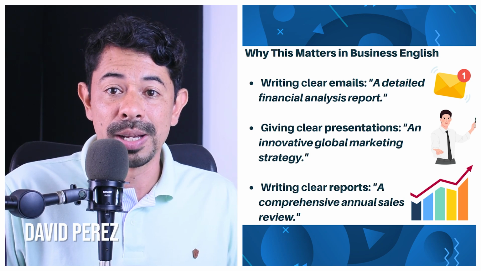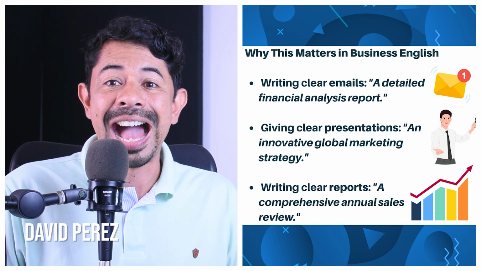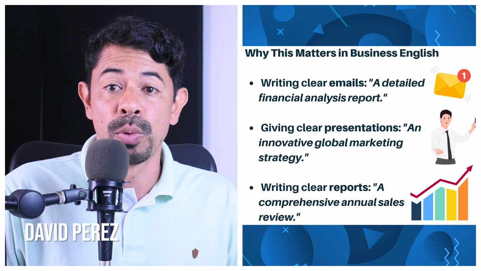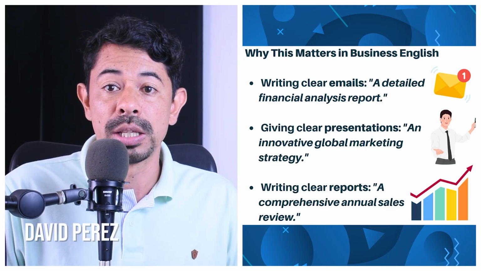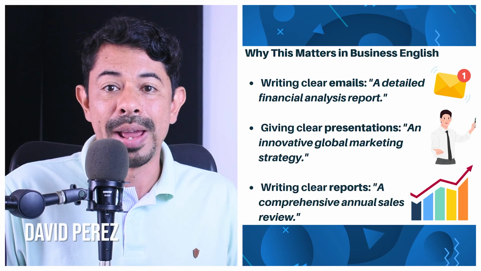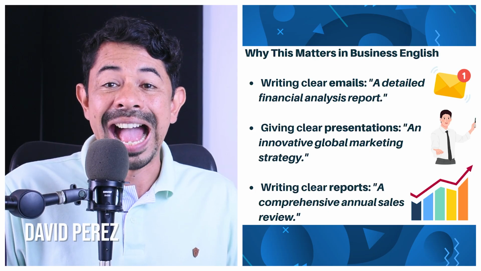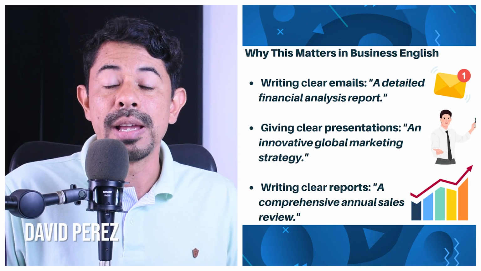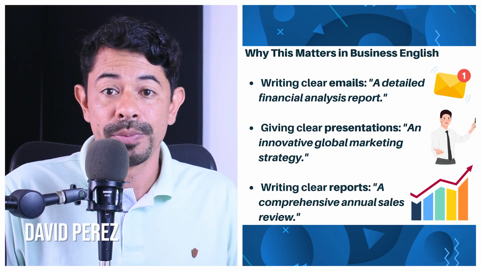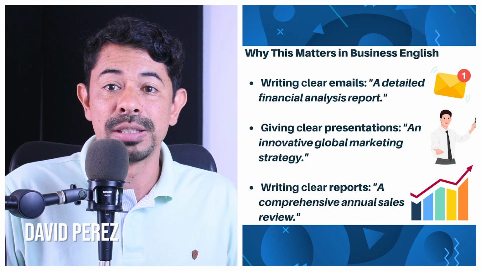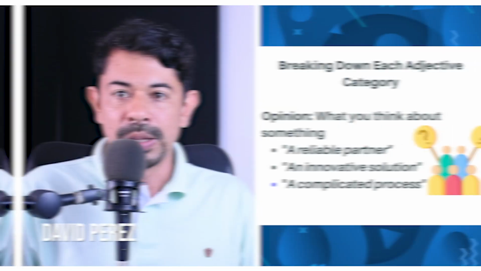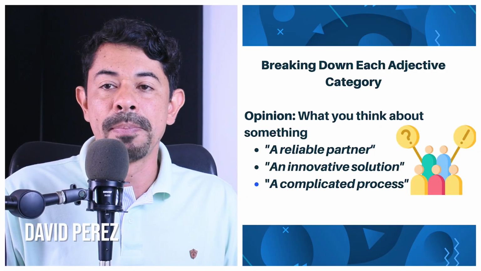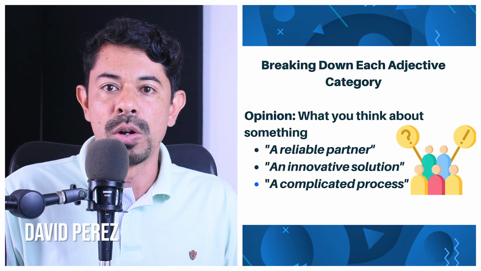So you can write, for example, a comprehensive annual sales report. Comprehensive is the opinion, annual is the age, sales is the purpose, and report is the noun. Okay, let me give you examples for each category of OSASCOMP.